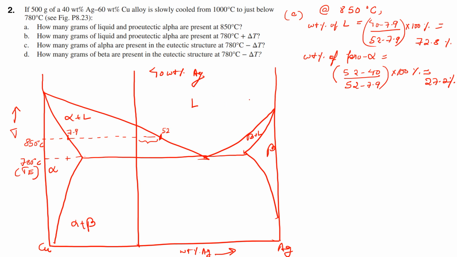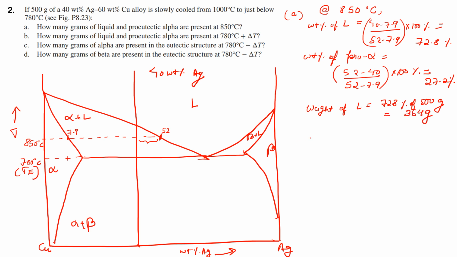So the weight fractions, we already know that we have 500 gram of alloy. So we have been asked the weight, so to convert this percentage into weight, the weight of liquid phase is 72.8% of 500 grams, which turns out to be 364 grams.